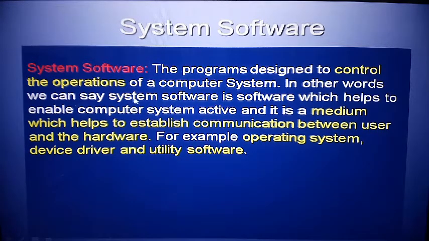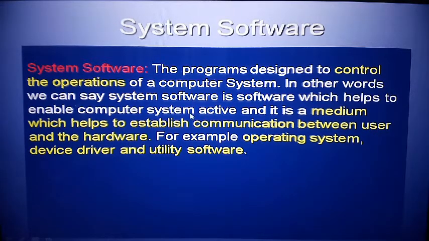In other words, system software is software that enables the computer system to act. It is a medium which helps establish communication between the user and the hardware. Simply put, system software is a medium to communicate between hardware and user.